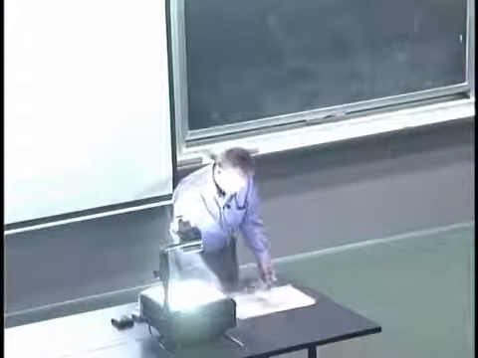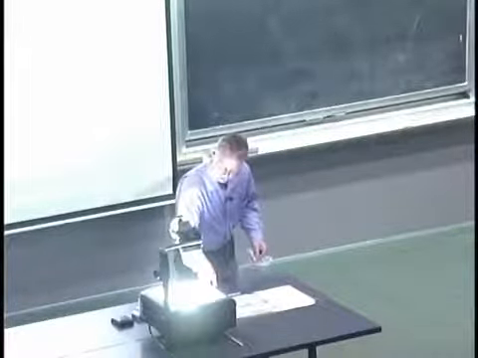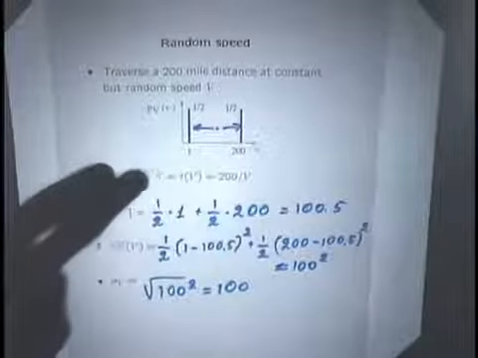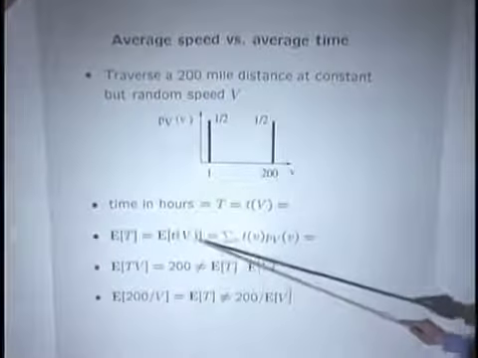Okay, now let's look at what happens to time. V is a random variable. T is a random variable. So now let's look at expected values and all that for the time. So the time is a function of a random variable.